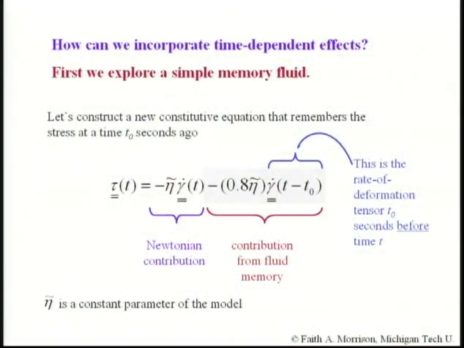We started by looking at this simple model where I started with the Newtonian case and added a term that referenced the deformation of the fluid a little time ago and had a function in the front that was decreasing.